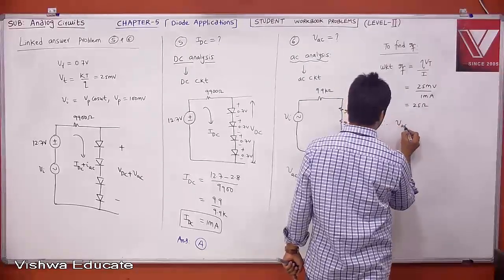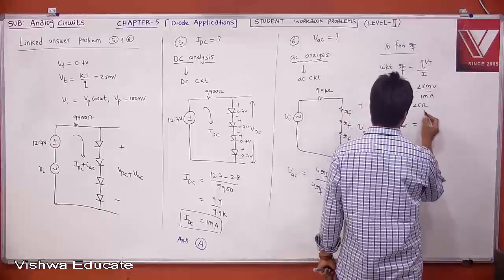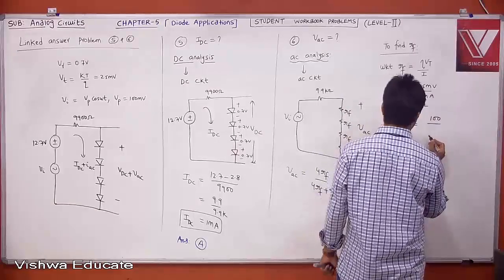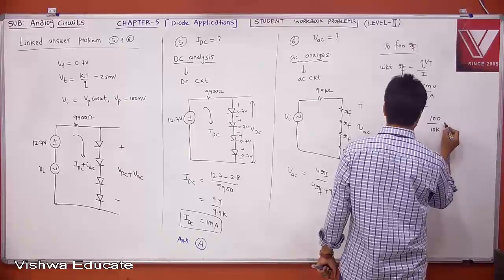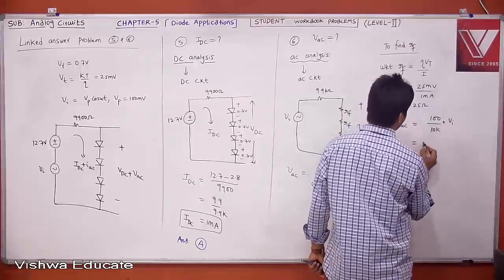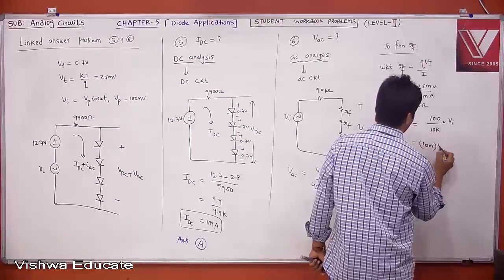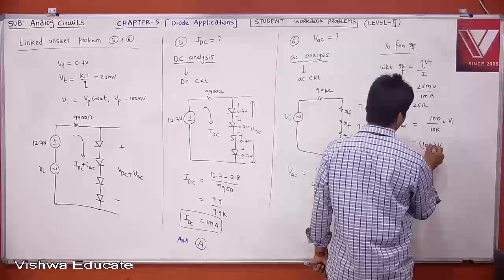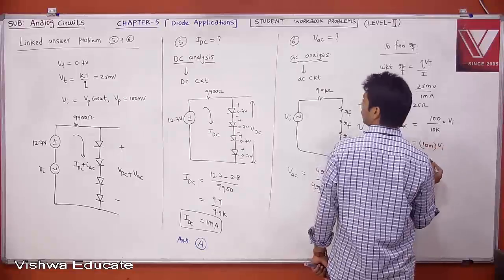Therefore, what is your VAC? Your VAC is equal to 4 into 25, that is 100, divided by 4 into 25 plus 9.9K, which is about 10K, into your VI. Then K will become milli, 10 milli into your VI. VI is 100 milli. 100 milli into 10 milli, 1000 milli. 1000 milli is nothing but 1.